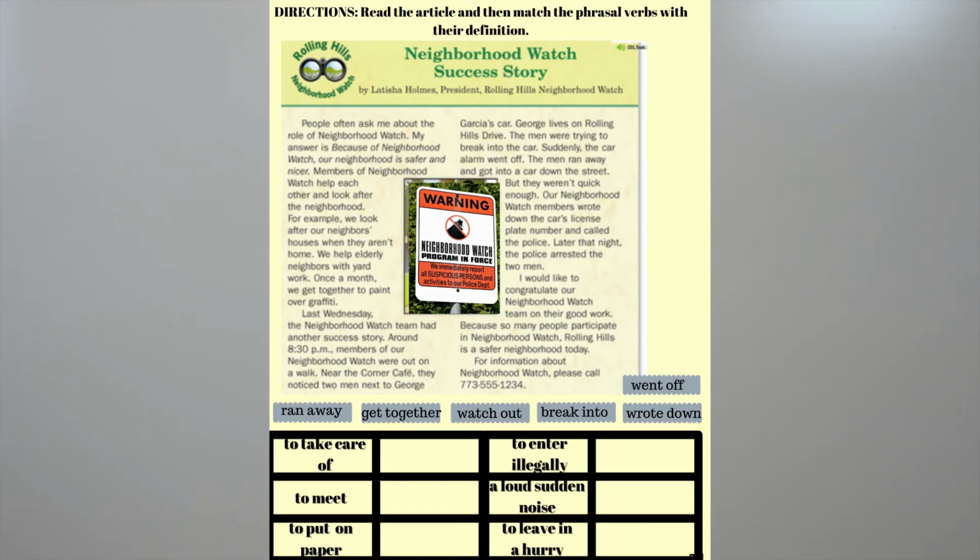These are 6 examples of phrasal verbs. You also see that there are 6 definitions. I'd like you to match the phrasal verb with the correct definition.